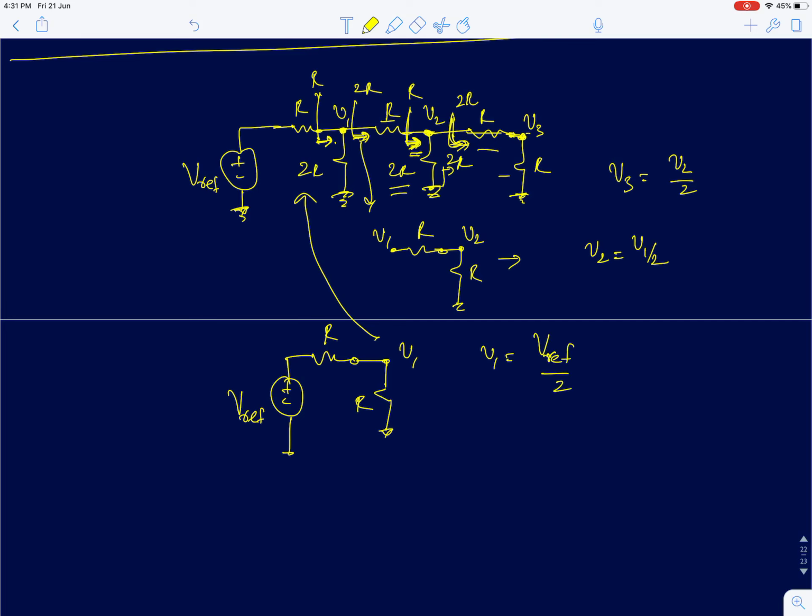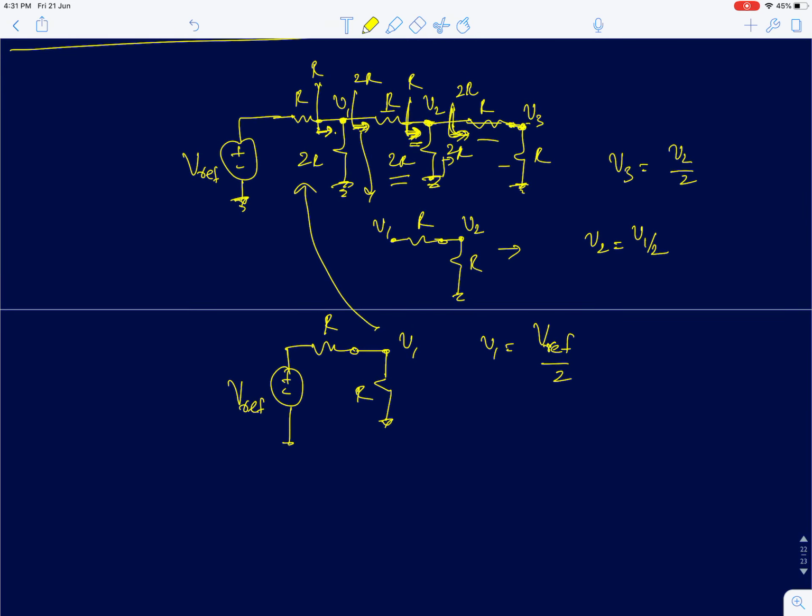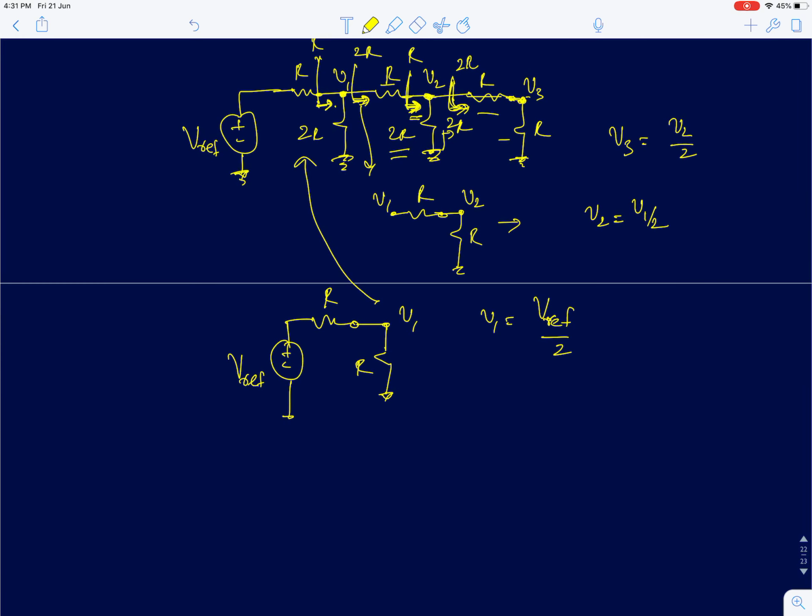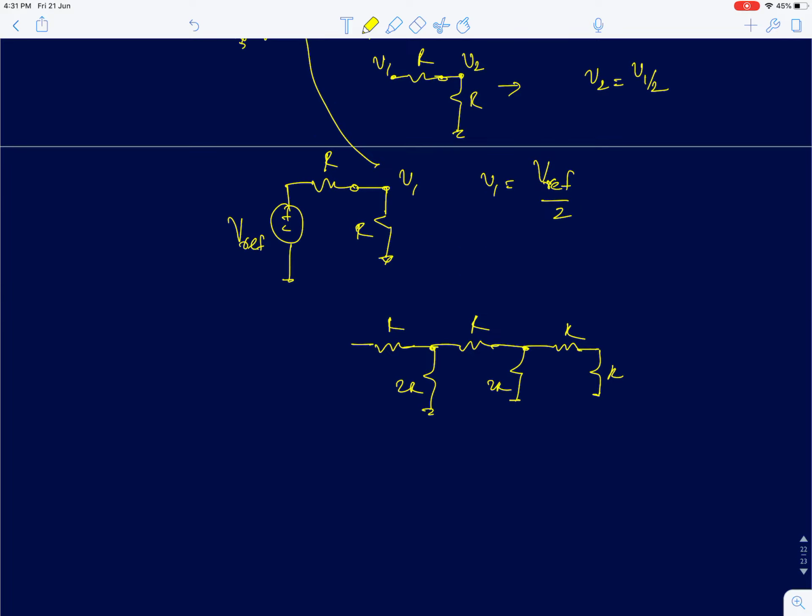Okay. So if you want to find the total equivalent resistance at this point, let me just draw the resistances alone. This is R, 2R, R, R and R. So the equivalent resistance of this part is 2R.